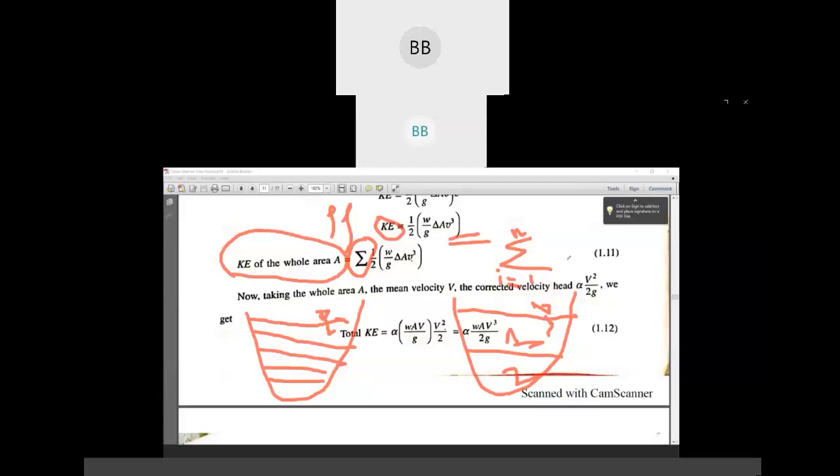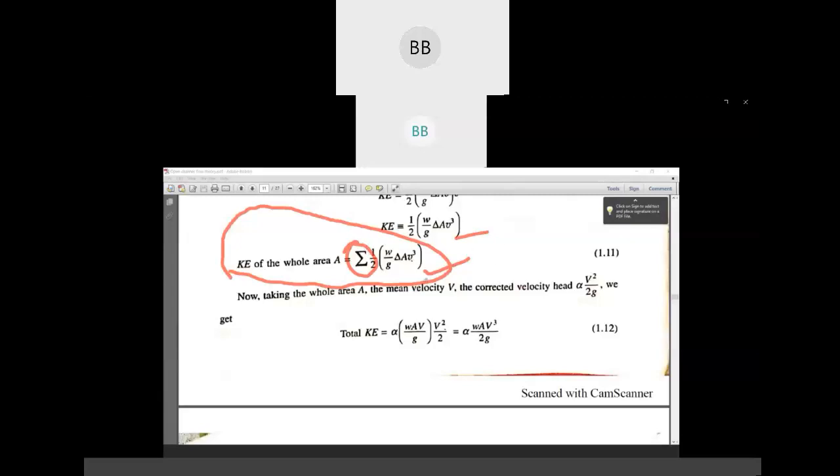It depends on you in how many sections you are going to divide the whole cross sectional area. So when you talk about kinetic energy for the whole cross sectional area, we are going to take summation. That equation will be the same, only we will take summation.